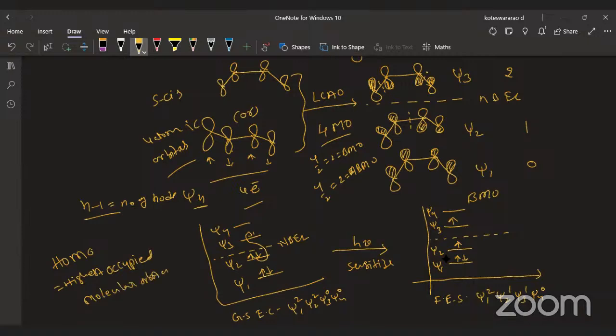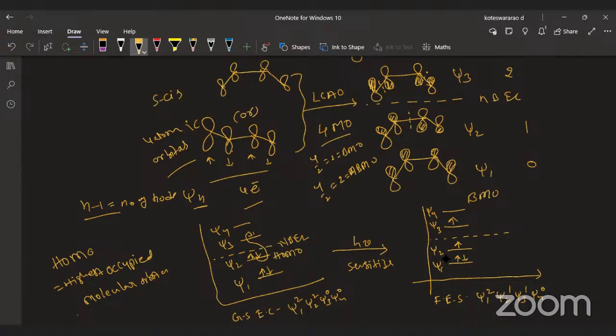The occupied orbital with the highest energy is called HOMO. Here we have psi1, psi2, psi3, psi4. Which ones are filled? Psi1 and psi2 are filled. Which one has higher energy? Psi2. Therefore, this is known as HOMO. The ground state HOMO of 1,3-butadiene is psi2.